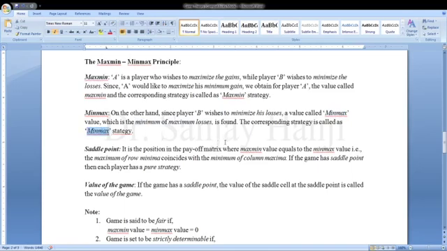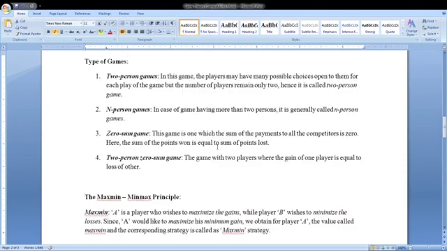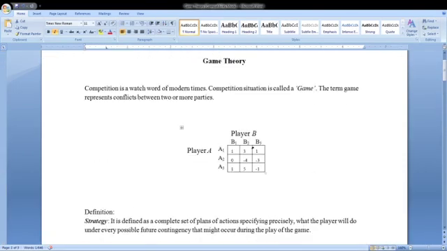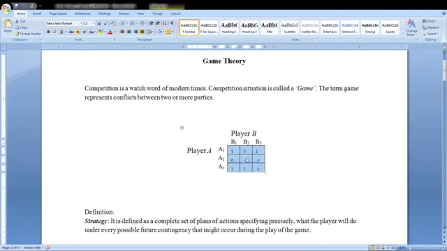If we go to the example above, now here you can see that this is the payoff matrix. Okay, and in the payoff matrix, A wants to always gain, B doesn't want to lose.